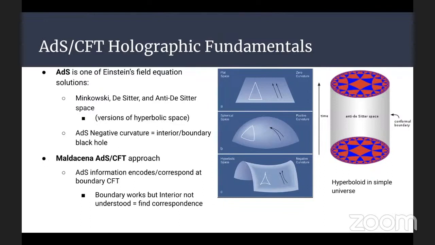What's special about this geometry, in a hand-wavy description, is that this negative curvature can be applied to the interior geometry of a black hole with the mathematics involved with it. Also, one key factor is that it's a hyperbolic geometry. Basically, that means any information that exists inside of that interior can be encoded into this lower dimensional boundary.